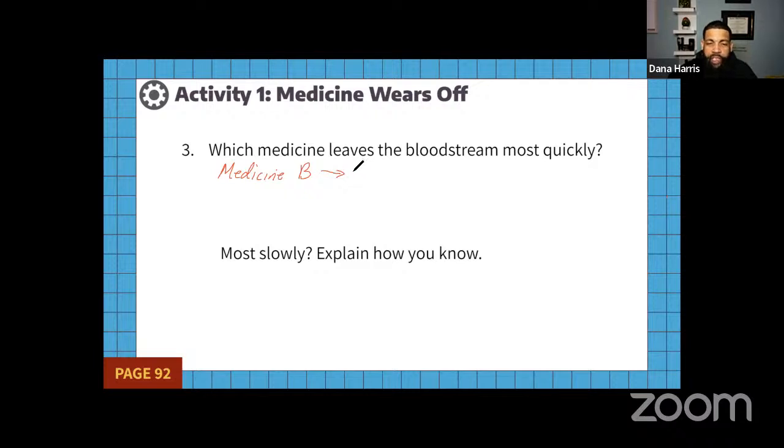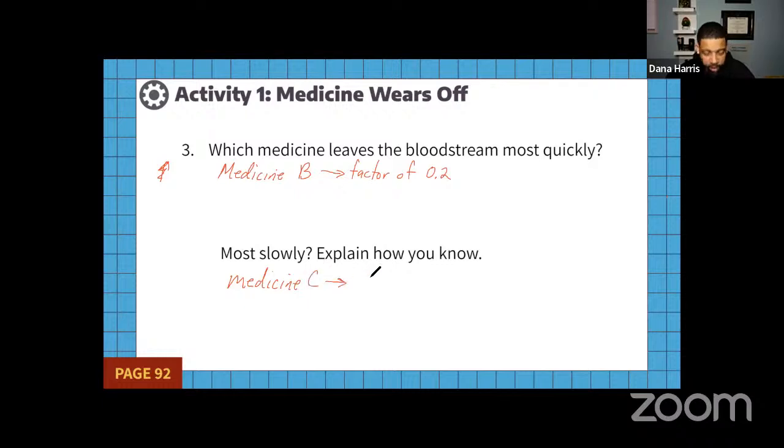So what this is saying is, I'm gonna write that factor of 0.2. So that's saying after each hour, there's only 2/10 of the medicine remaining in the body. Okay. So this is most quickly, and the most slowly, this is going to be medicine C, right?